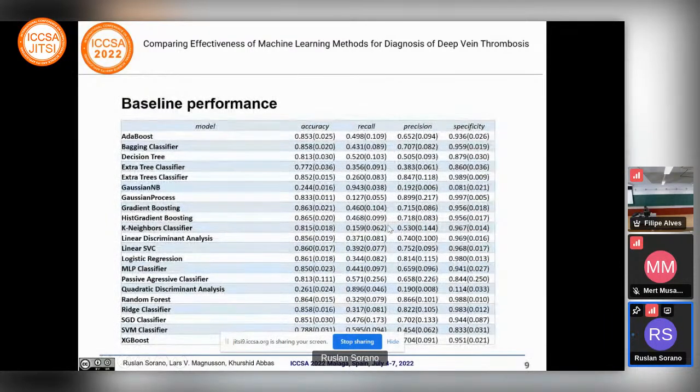First step, baseline performance. As I mentioned before, we initialized 20 models with different algorithms with default parameters, used tenfold stratified cross-validation, and everything was repeated 5 times, so then we picked the best accuracy results. It was 4 algorithms, all 4 ensemble tree-based: random forest, gradient boosting, hist gradient boosting, and XGBoost.